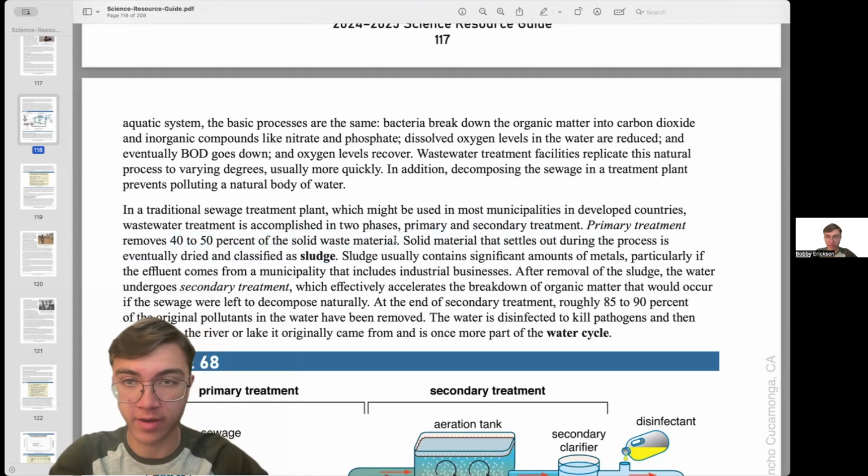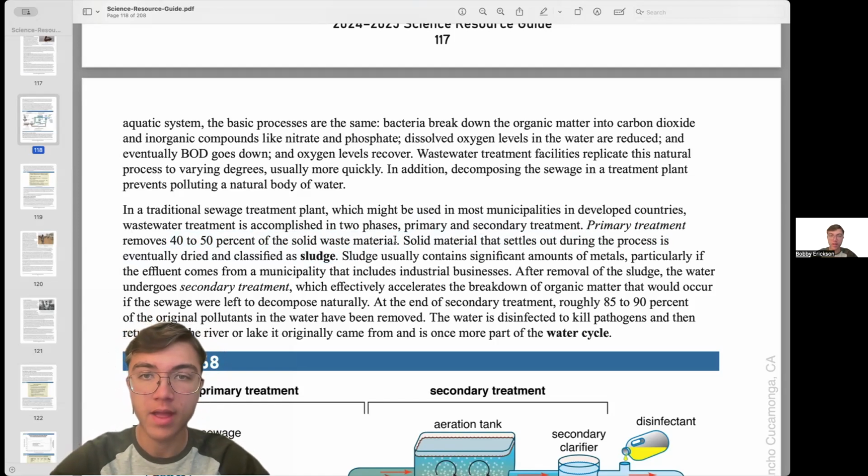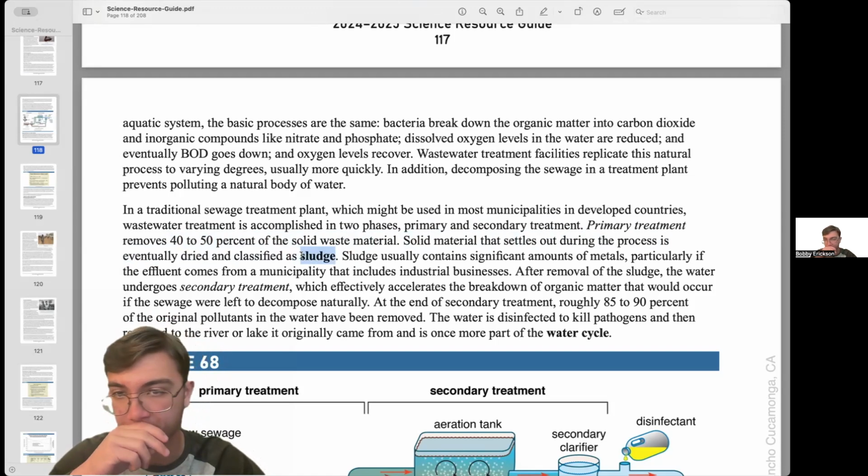Then this solid material is settled out during the process and is eventually dried out and classified as sludge.